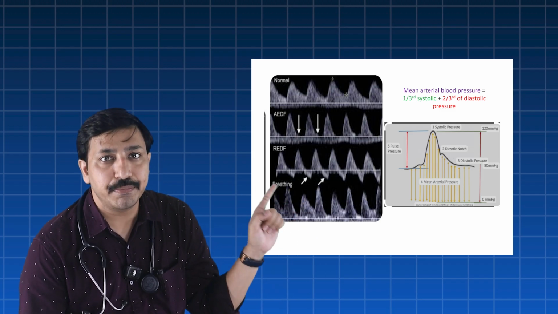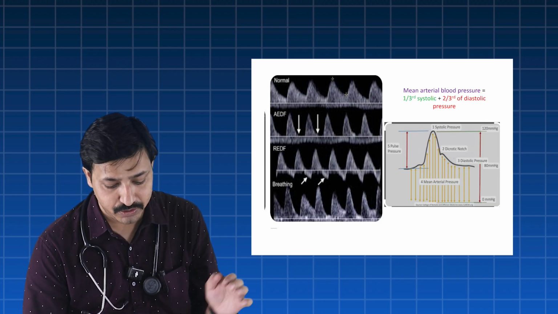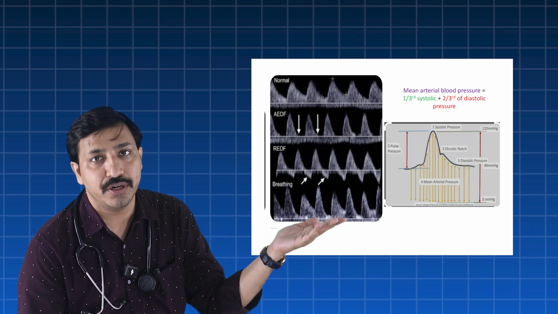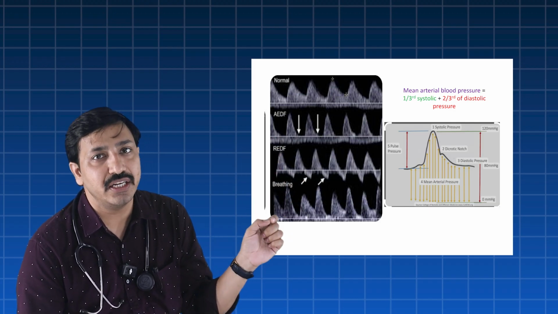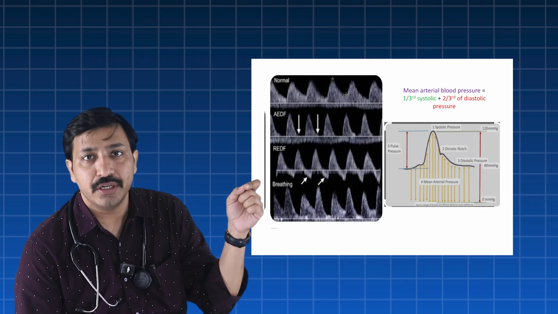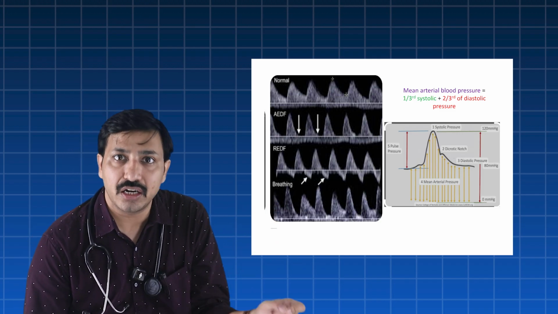Now there is an absent or decreased diastolic blood flow. Prior to absence, there will be decreased diastolic blood flow. When there is decreased diastolic blood flow, obviously the mean arterial blood pressure is coming down. When the mean arterial blood pressure is coming down, there is decreased perfusion to the end organs.